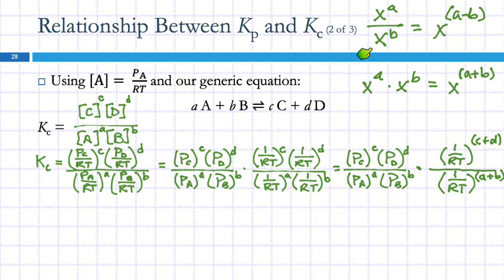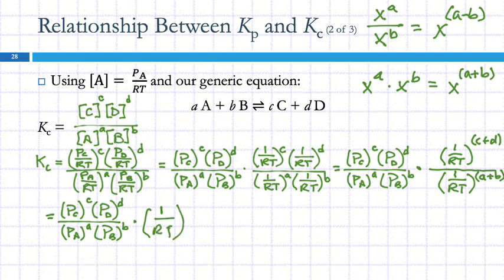So when we divide things raised to a power, then we subtract the exponents. So here I have this guy raised to that power divided by this guy raised to this power. So that is the same as 1 over RT to the C plus D minus A plus B. Okay?